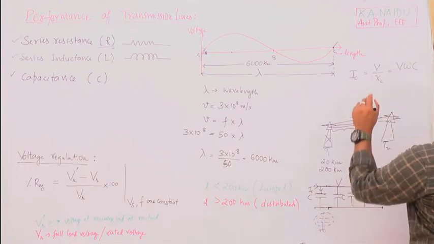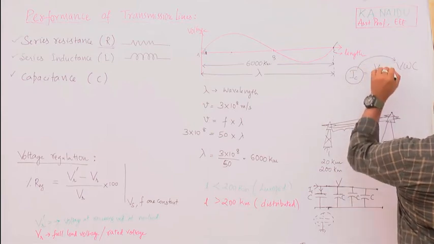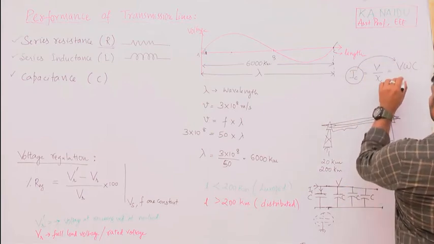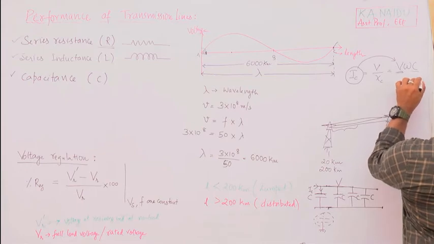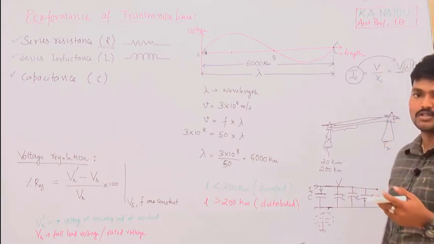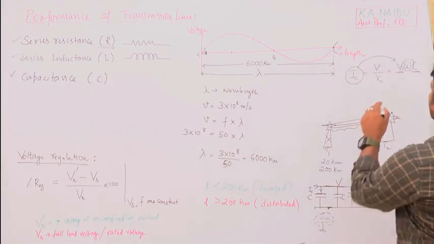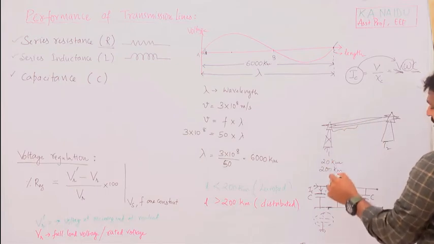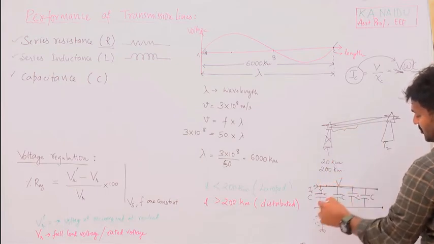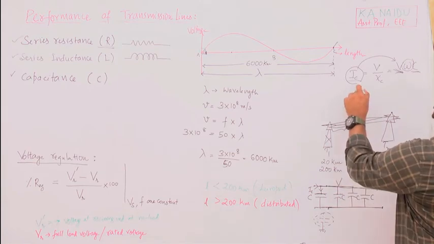Here you can see the capacitor charging current is proportional to voltage and is also proportional to C, because omega is constant. Frequency is constant, omega is angular frequency, which is equal to 2 pi f. So if the transmission line voltage is high, then the charging current will be high.